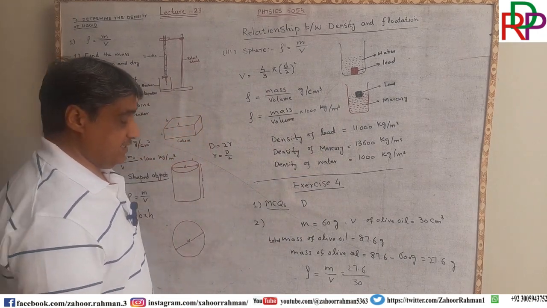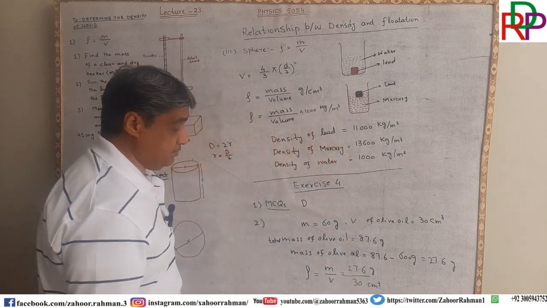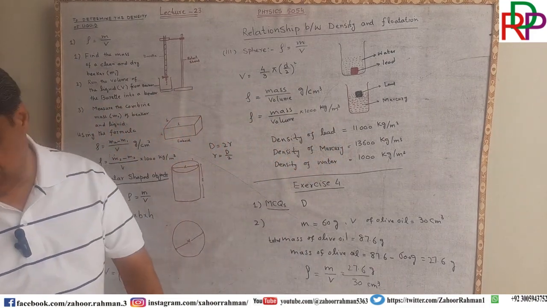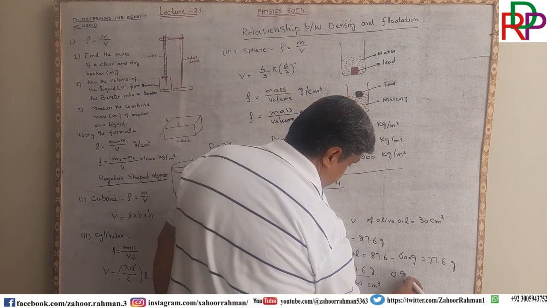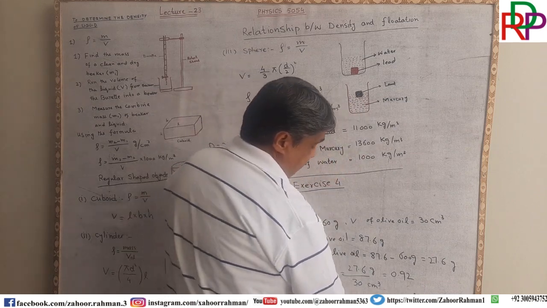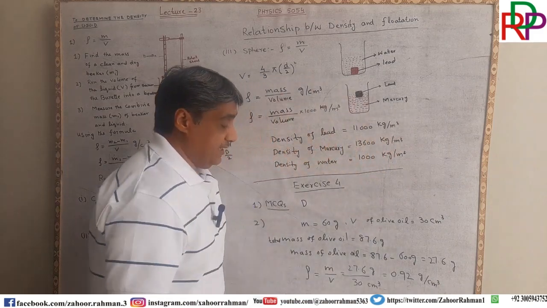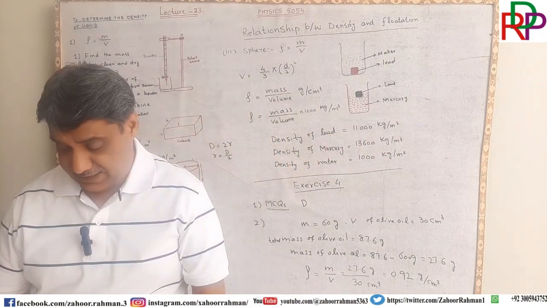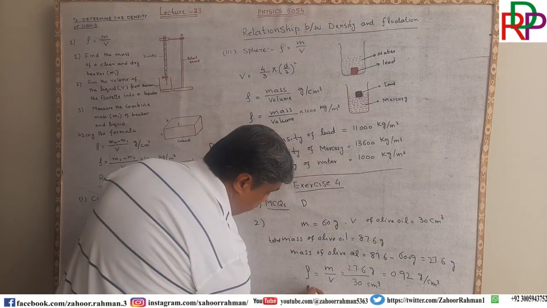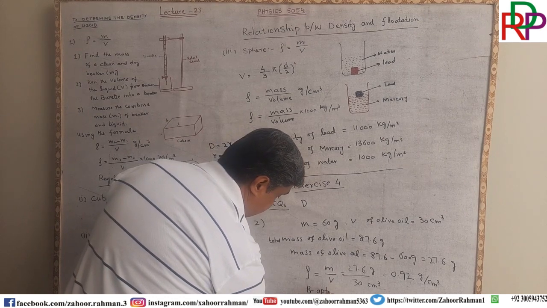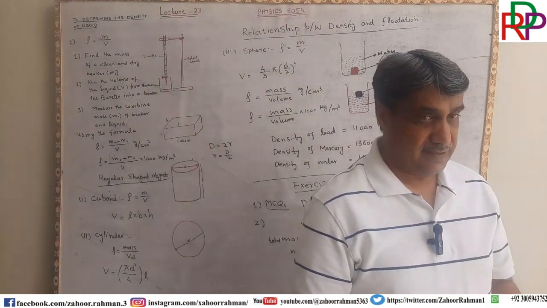Because mass is in gram and volume is in centimeter cube, when you calculate it, it will give you 0.92 gram per centimeter cube. And that is the ultimate answer. The answer in this case is B part. B option is the correct answer.